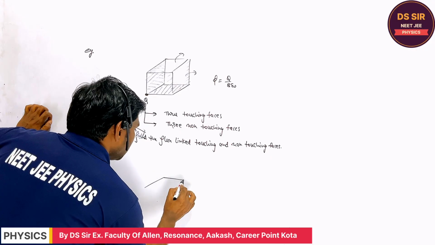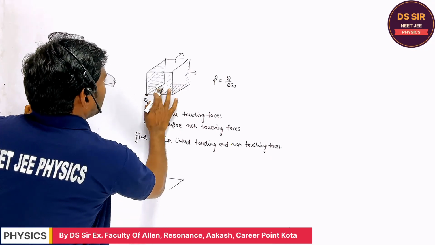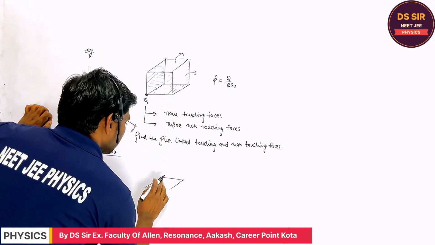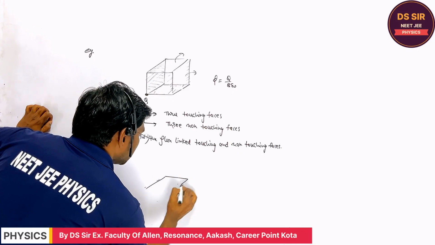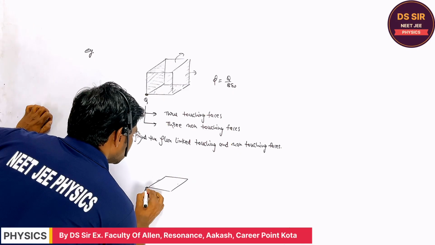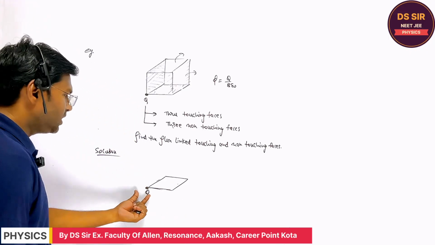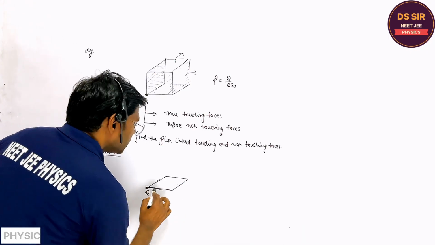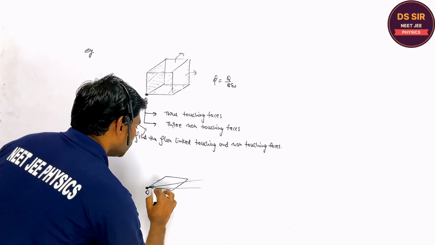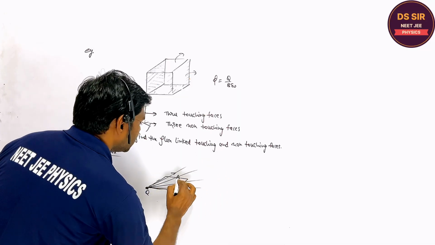Suppose this is the base. I am talking about this face, the square base. This is the charge q. If this is the charge q, you will see the flux passing through this face will be in this way.